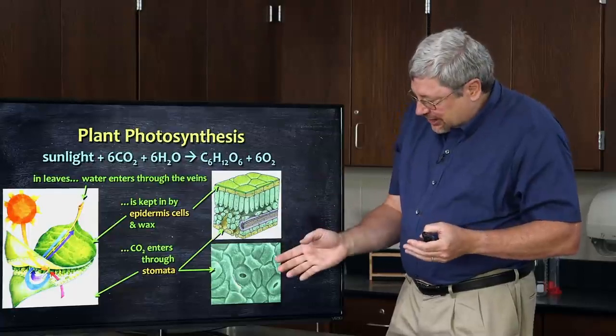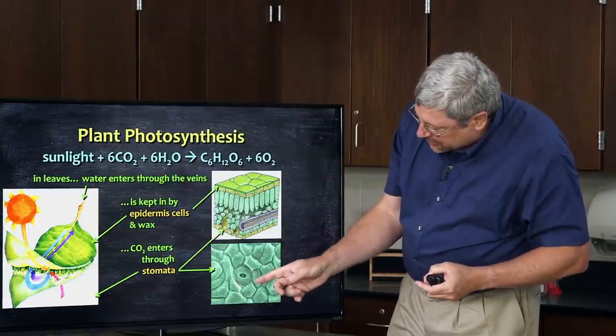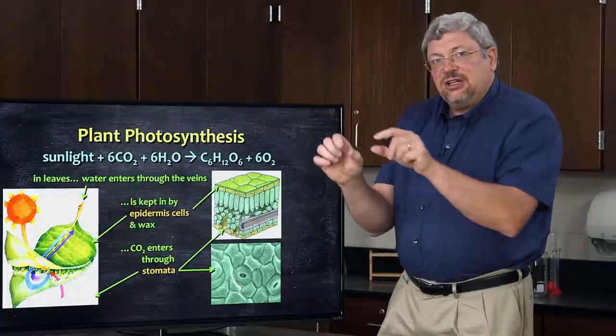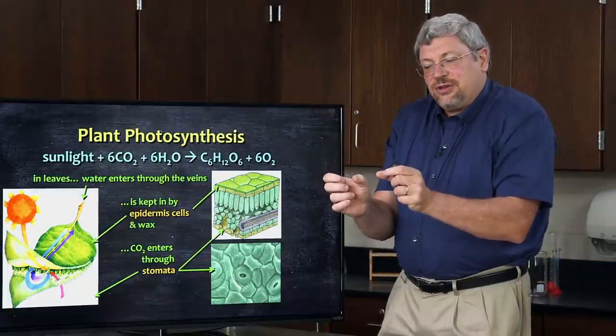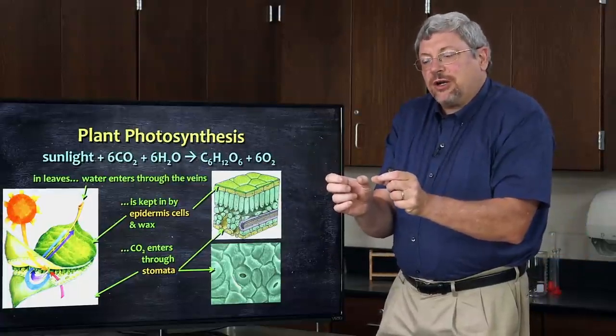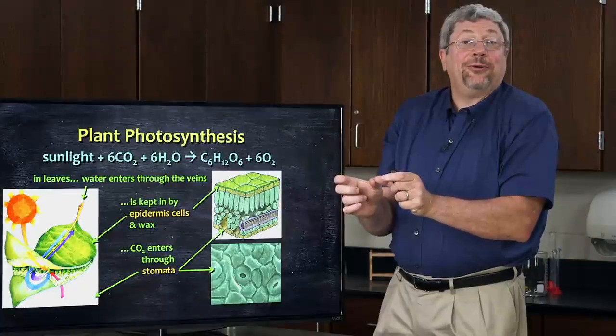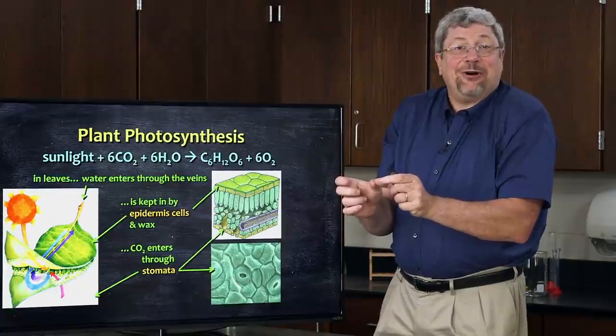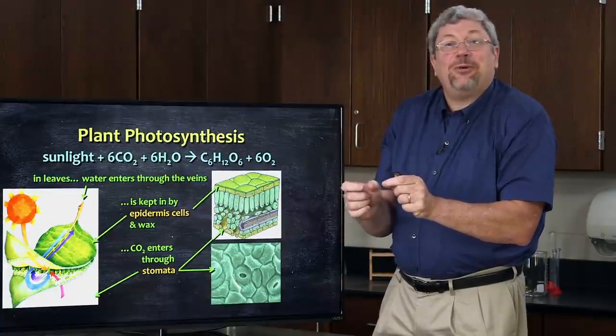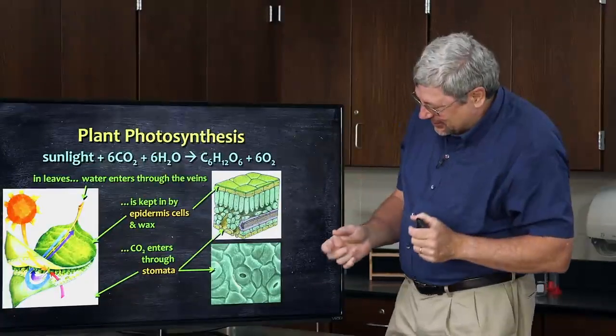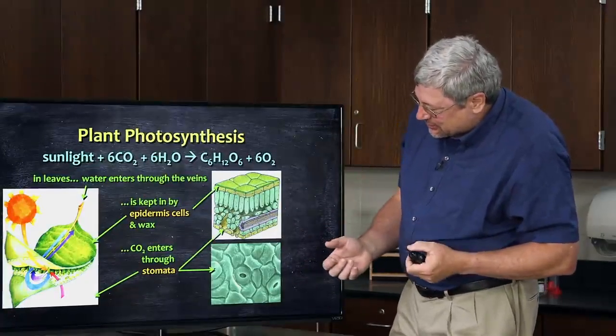holes, its stomata, and the stomata is usually formed by two cells on either side of the hole. The cells can pull in water and swell up and close the hole, or they can evacuate water and shrink down and open the hole. Really cool design on opening and closing the stomata.